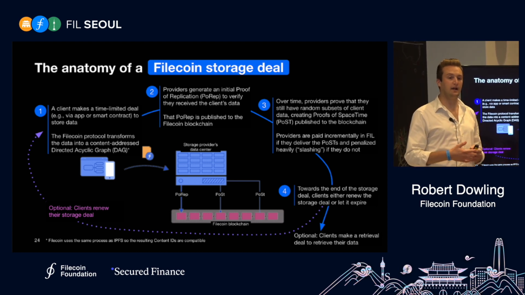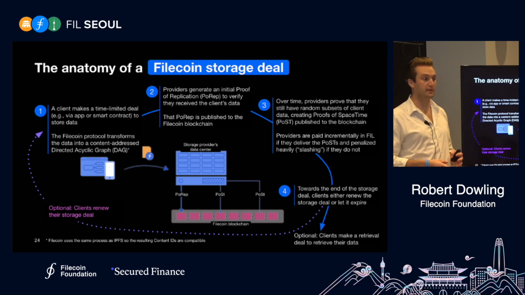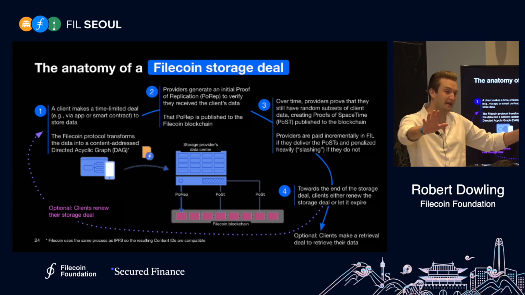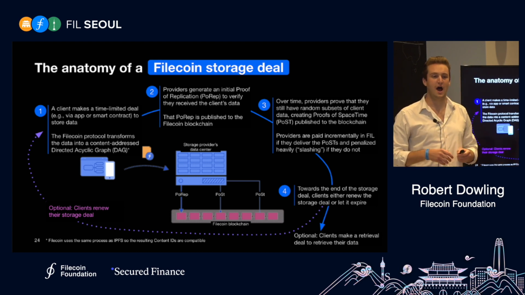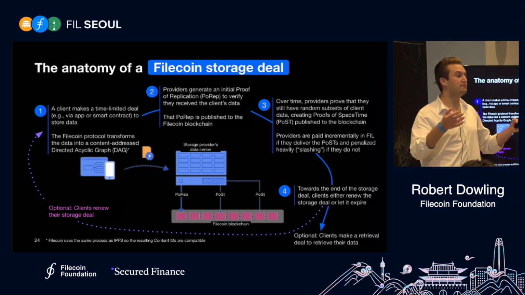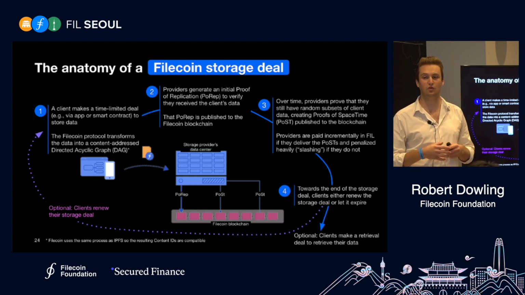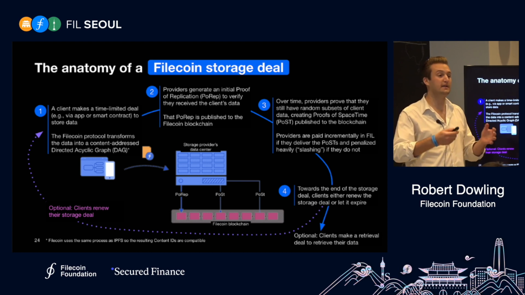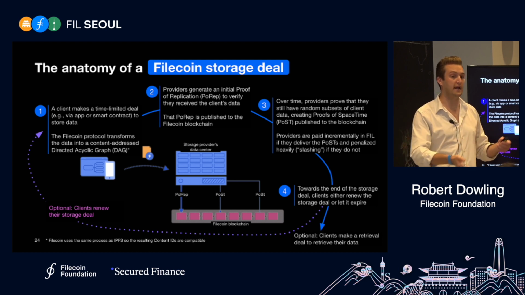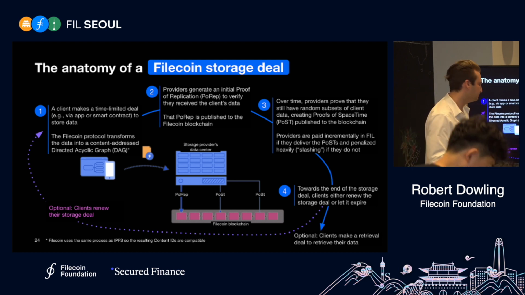So the idea here is you have people we call clients who have data they want to store, meeting storage providers, many of whom you've met yesterday here in Korea, at the marketplace to come to an agreement as to the price and the duration for which they would want to store data with that data center.